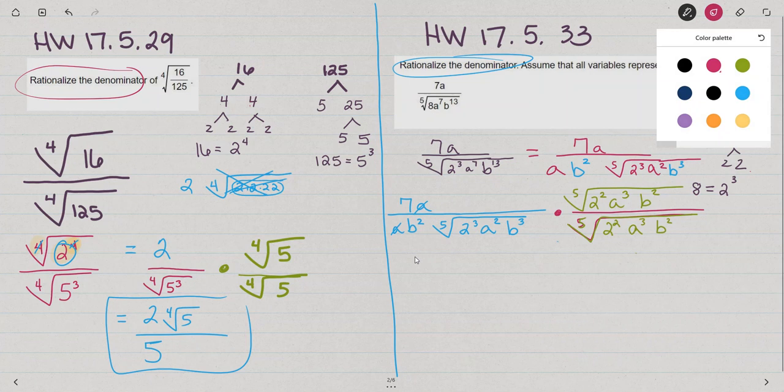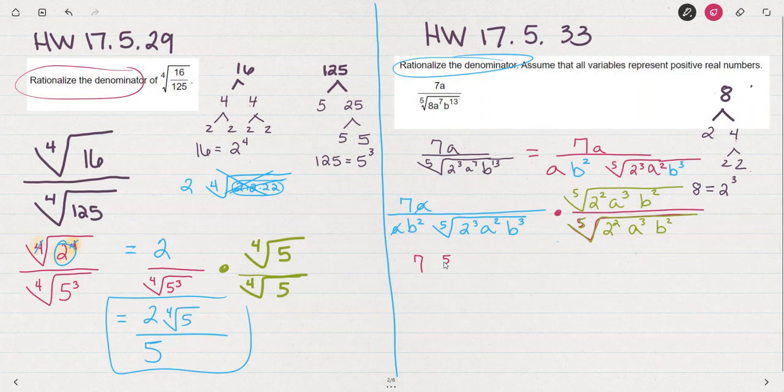We now have a 7 times the fifth root of 2 squared is 4, a cubed b squared, and in the denominator I have a b squared, and then this 2 cubed times 2 squared comes out as one group of 5, a squared times a cubed.